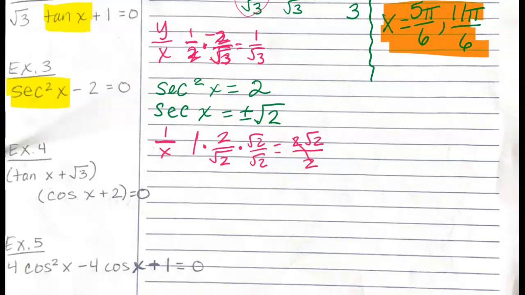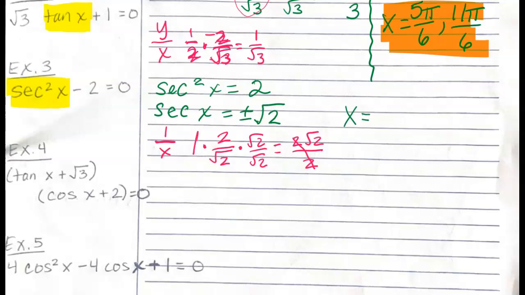And look, those 2's would cancel, so that point works. Now, think about the plus and minus part again. So that means all the points that have the square root of 2 over 2 as their exact value will solve this equation.